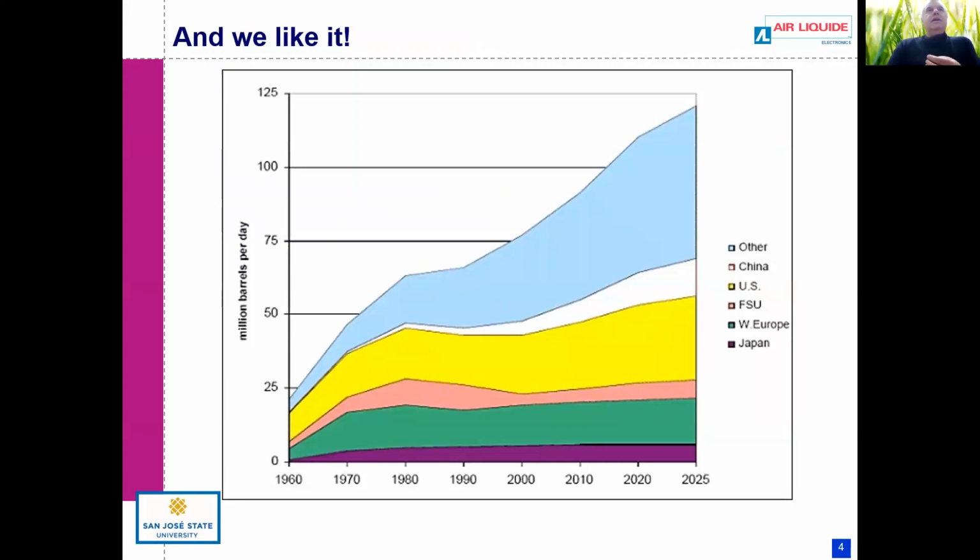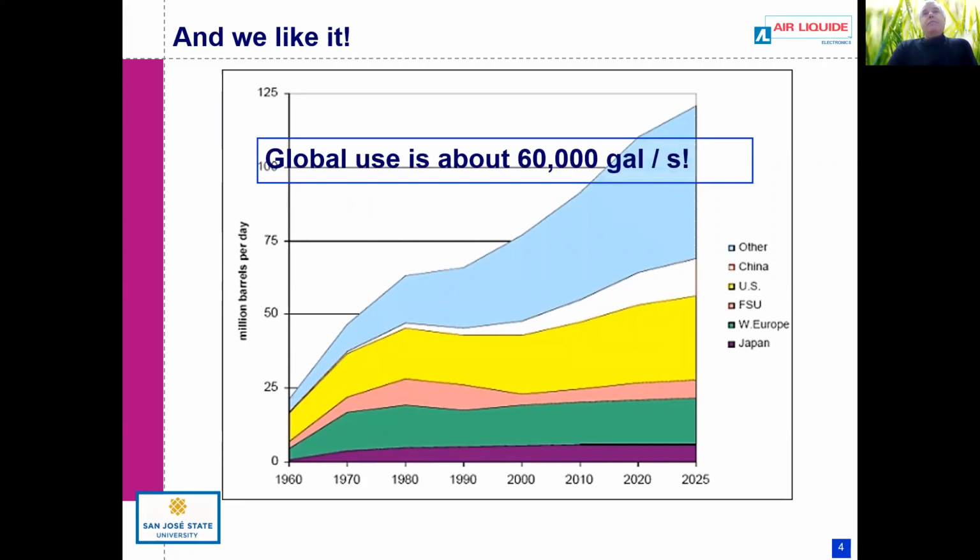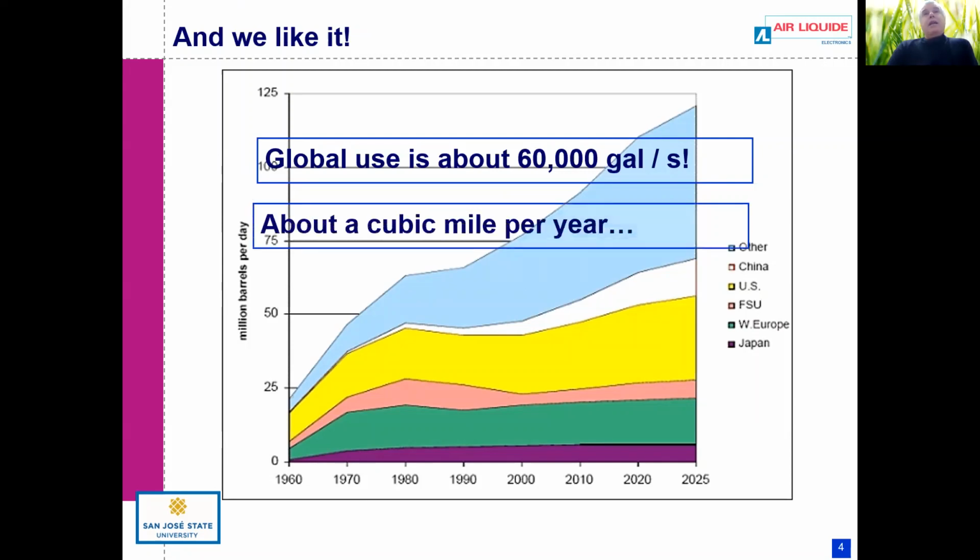This is the number of barrels per day of oil that the world uses: 100 million barrels per day, which is about 60,000 gallons per second, and that comes out to about a cubic mile every year.